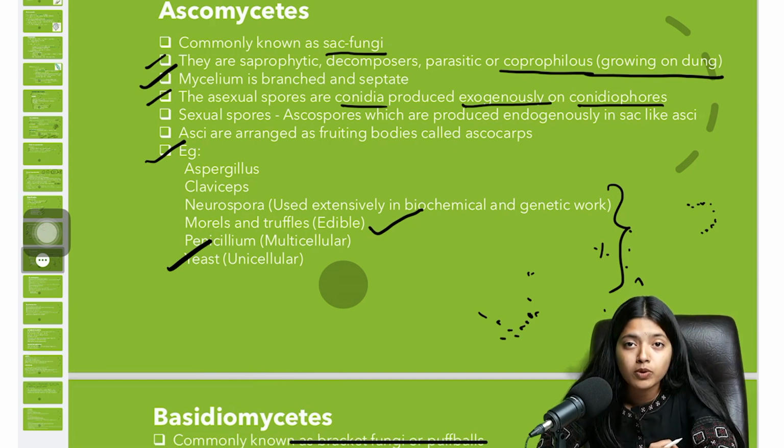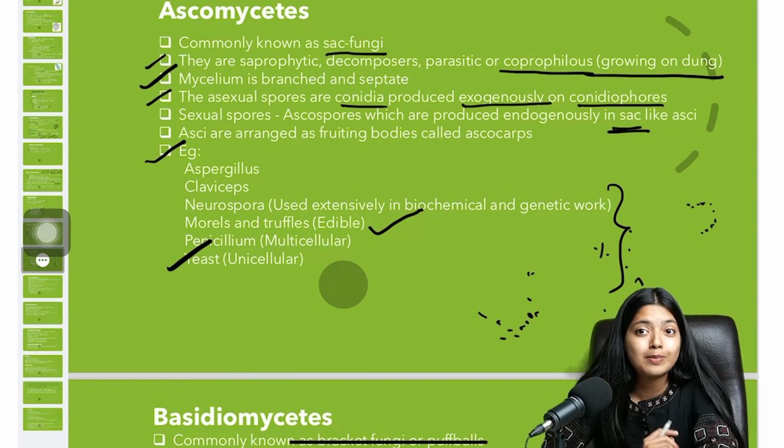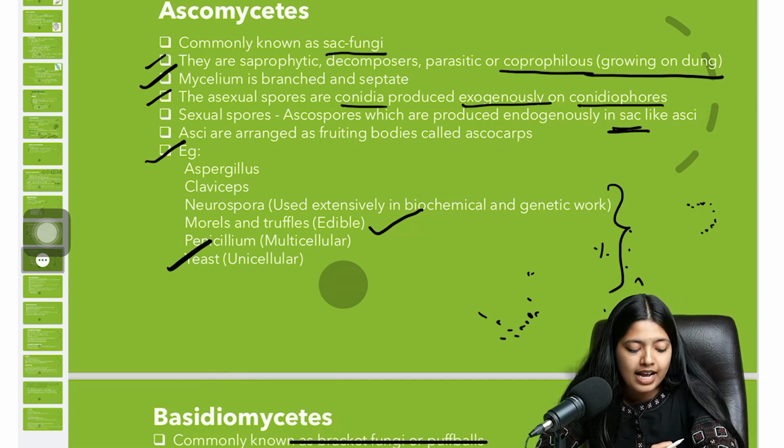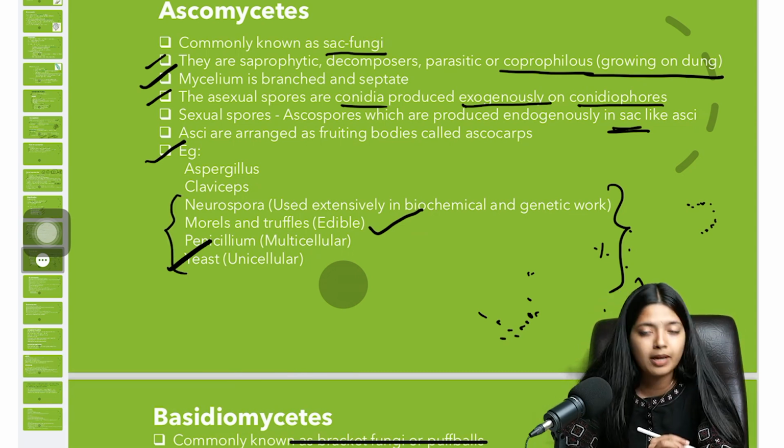Their sexual spores are known as ascospores, which are formed in asci. Asci is a sac-like structure, hence the name sac fungi. Asci are arranged as a fruiting body called ascocarp. Examples are Aspergillus, Claviceps, Neurospora, Morels and Truffles, Penicillium and yeast. And the economically important ones are important.